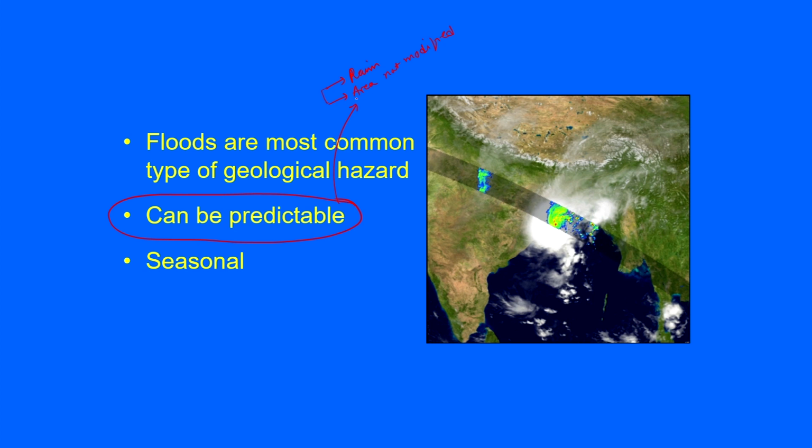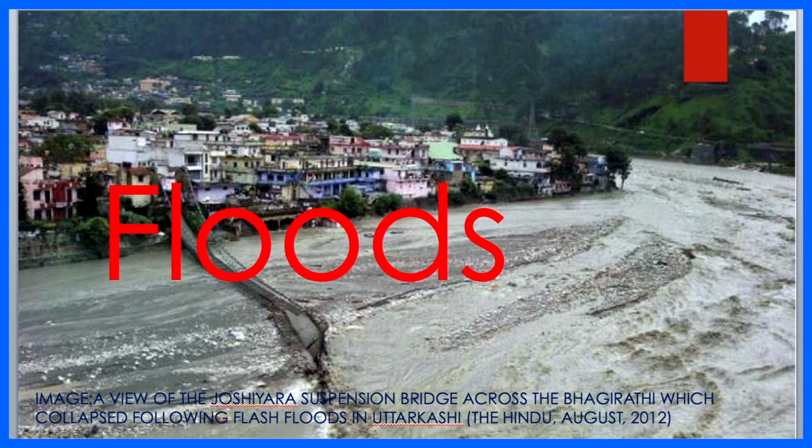But mostly what we see is that the area is modified or occupied by human settlements. So in this case you will not be able to have proper prediction. The example is right here. This is the case of 2012 in Uttarkashi.